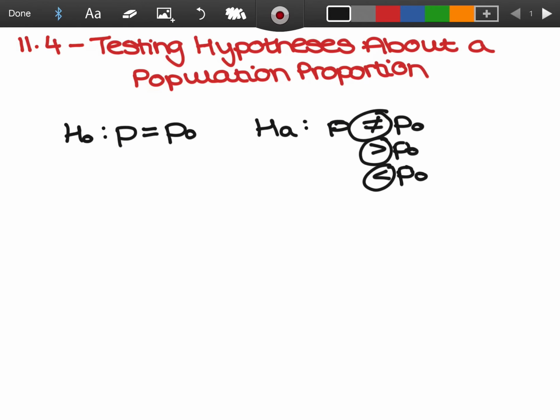A couple of things to be aware of. It's going to have the same step-by-step process as we had before. And again, I'm going to do it the long way and then show you the short way on the calculator. In order to do this, if you remember, when we were doing these hypotheses with population means, you had to make sure that either your population was normally distributed or you took a sample size that was greater than 30.